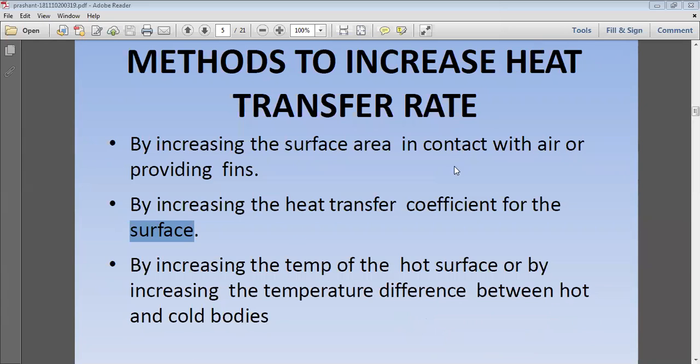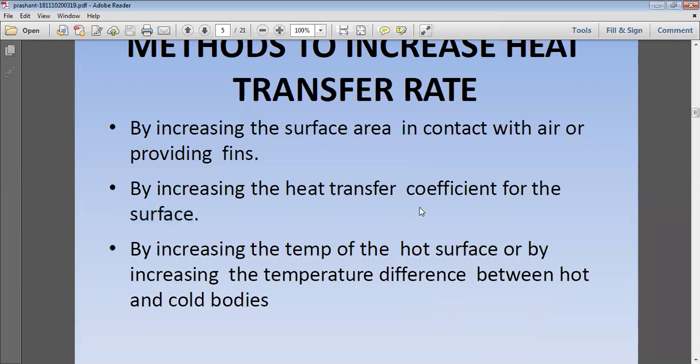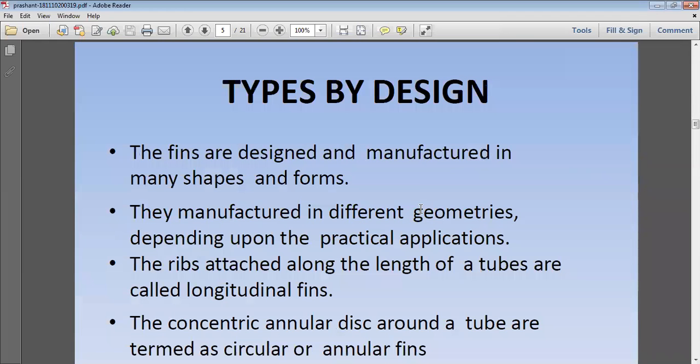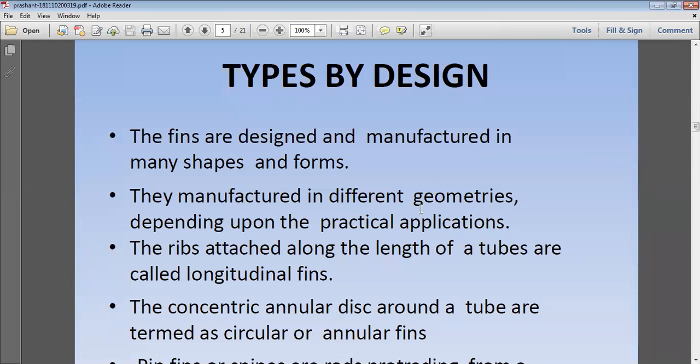Okay. Next, types of design. What are the different types of design of fins? It mainly depends upon the base material and the shape. Fins are designed and manufactured in many shapes and forms.